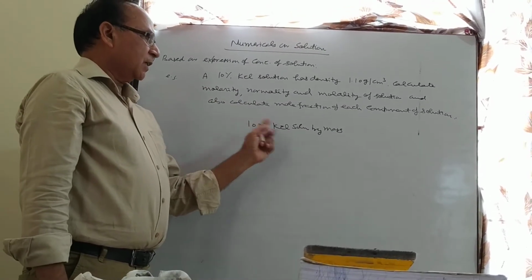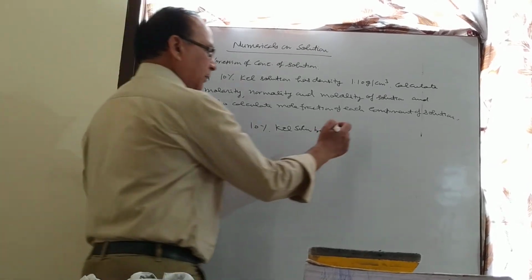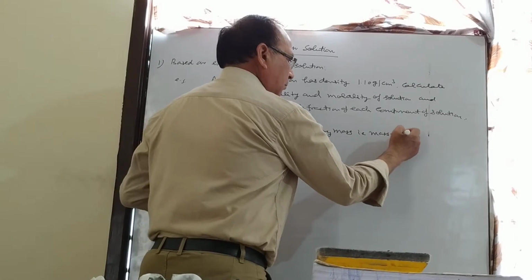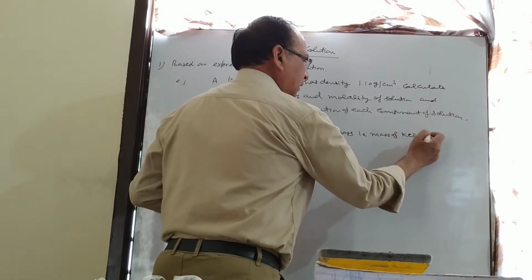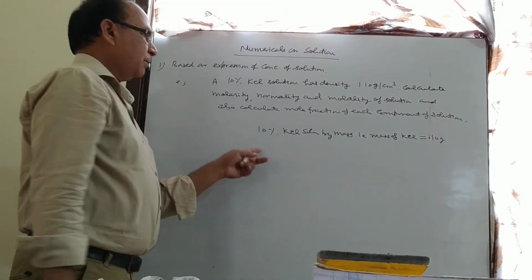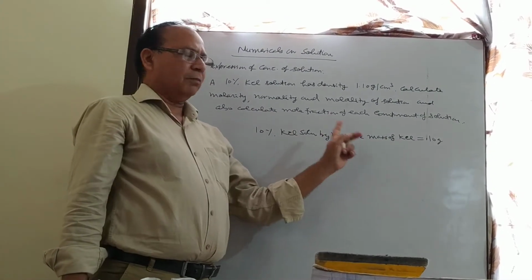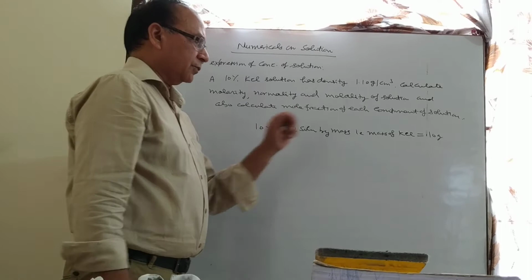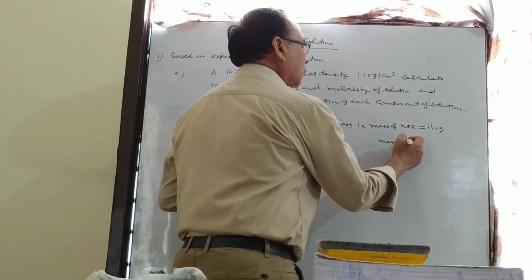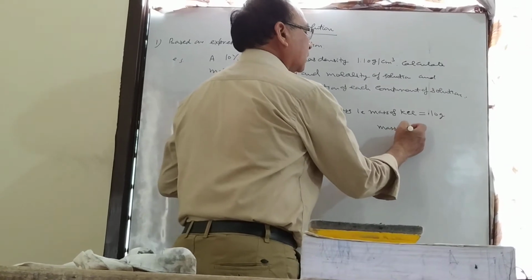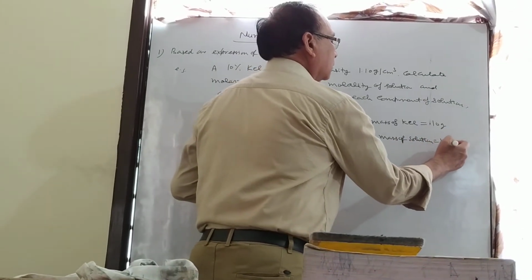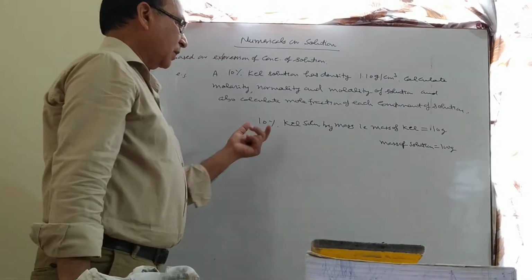So mass of solute, KCl, is equal to 10 gram, and mass of solution will be 100 gram, because the percentage is given by mass.